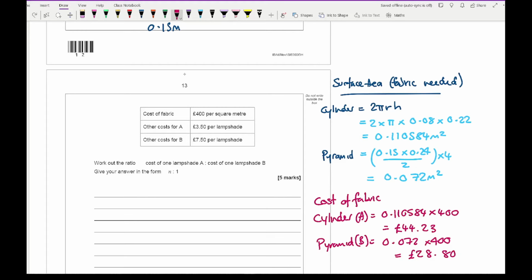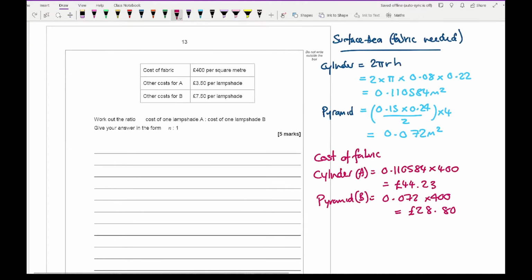And now for this, what I then need to do is add on these two amounts. So here, if I've got A to B, I've got 44.23 to 28.0. I've got to add £3.50. This one I've got to add £7.50, and that comes up to a total of £47.47 to £36.30.